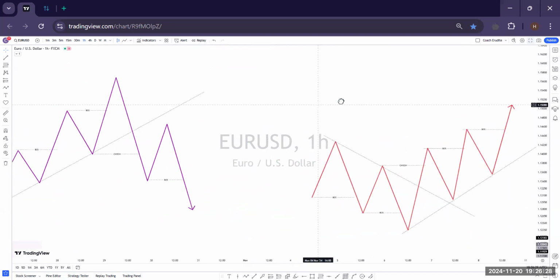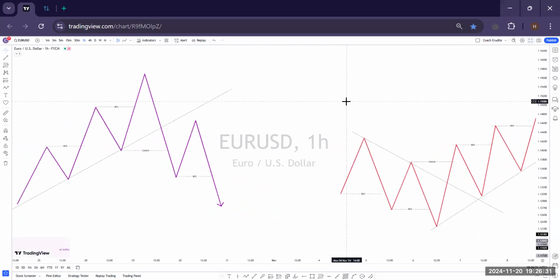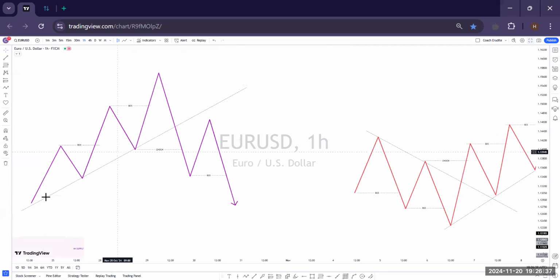So let's talk about change of character. Here is a chart I created separately for a change of character. Now, for an upward trend, whenever you see price breaking structure on an upward trend, right, and price breaks your trend line, and sweeps the higher low and breaks another structure to a downward side, it is a confirmed change of character.